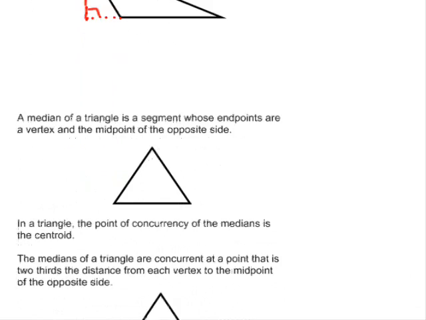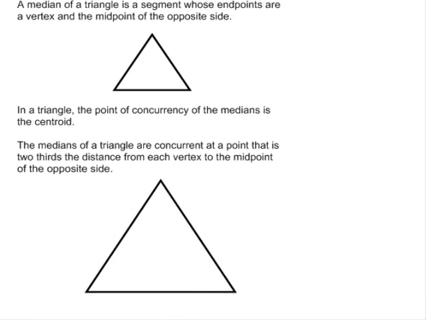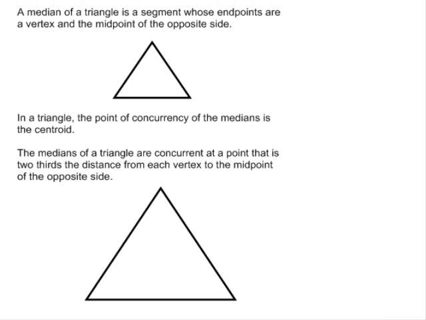The last and final one of our four is when we have a median. Now, think about the median in a highway. It's in the middle, correct? Well, that's just what we have here. We have a line segment that goes through the midpoint.